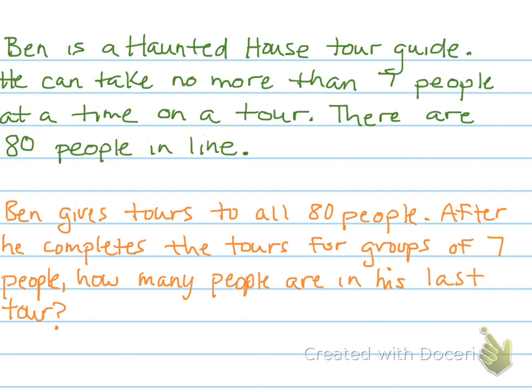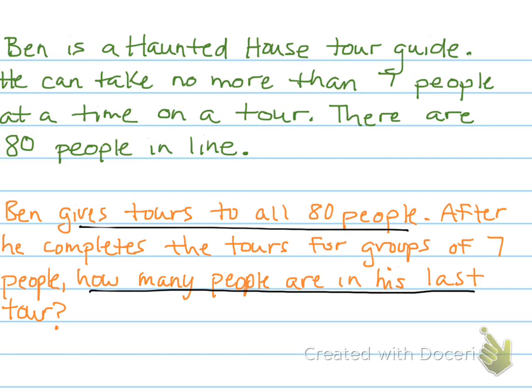Same scenario, different question. Ben gives tours to all 80 people. All right. After he completes the tours for groups of 7, how many people are in his last tour? We talked about that, right? So again, 80 divided by 7 is 11, remainder 3, right?